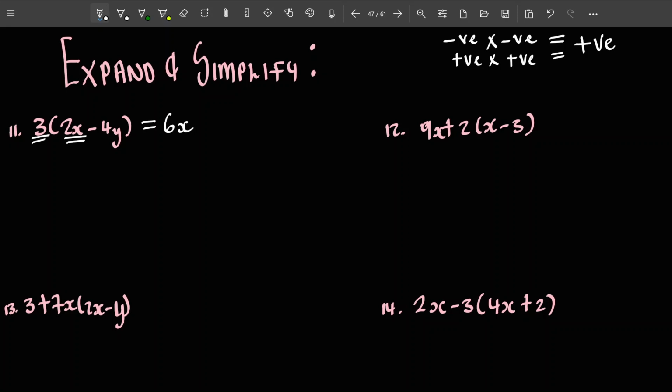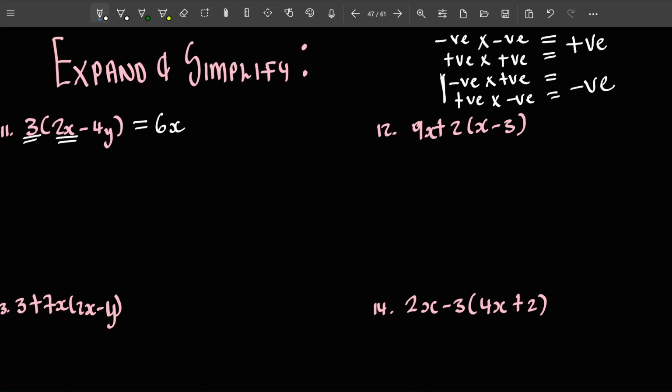And when you multiply things that have different signs, like negative times positive, you are going to get a negative answer. Even if I say positive times negative, I'm also going to get a negative answer. So for these two, I'm going to get a negative answer because I am multiplying two things that have different signs.